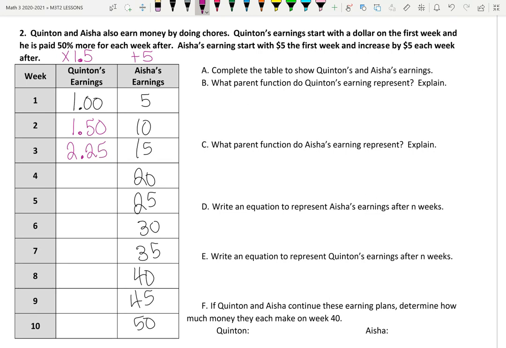Now I'm just repeatedly adding half or multiplying by 1.5, and this is going to be $3.38 after I round up. Remember, money is always 2 decimal places. And I do it again, and I get $5.07. $5.07 times 1.5. So I just repeat this. I'm repeatedly multiplying it by 1.5.